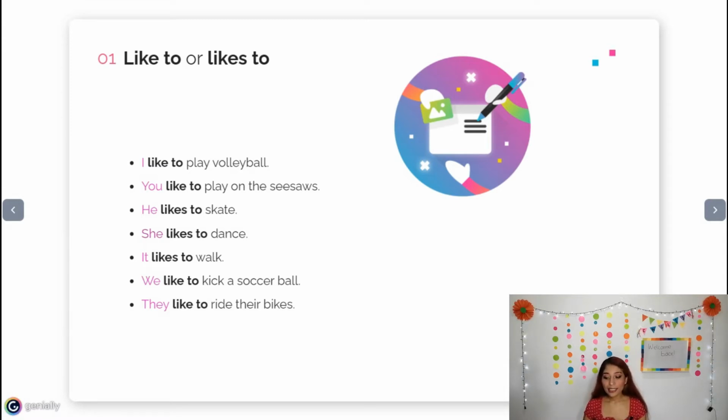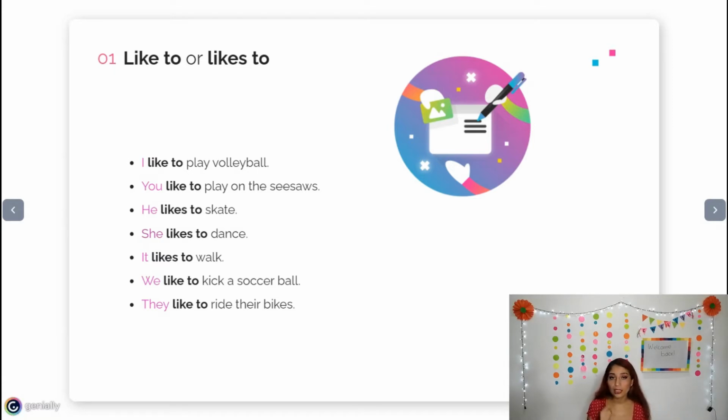And the last one says, they like to ride their bikes, okay? With no S. So you can see here that most of them use like to with no S, sin la S. But, as I say, it's he likes to, she likes to, and it likes to, and that's it, okay?